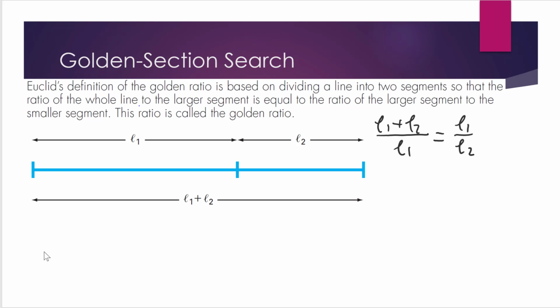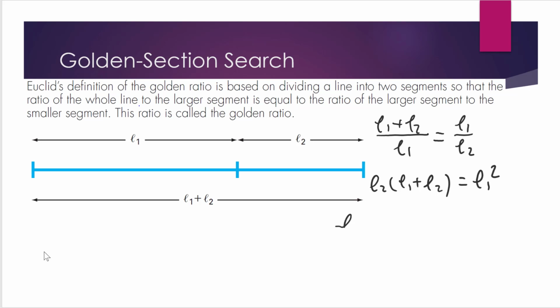So first, we multiply both sides by L1 times L2. So the left-hand side becomes L2 times (L1 plus L2), and the right-hand side becomes L1 squared. Then we can move everything to the left-hand side.